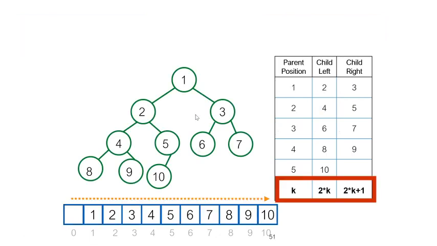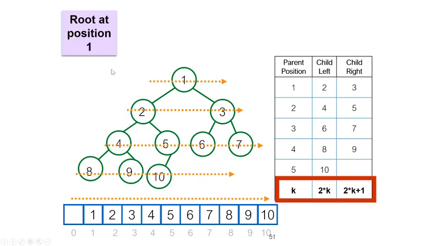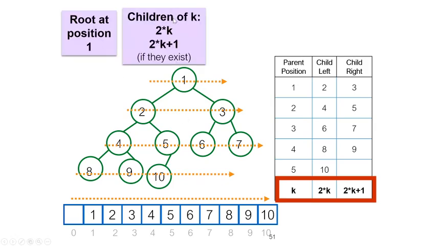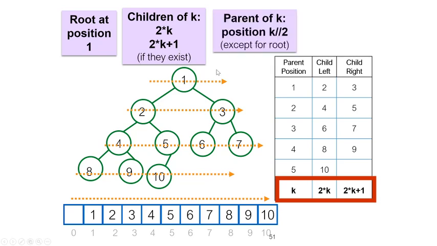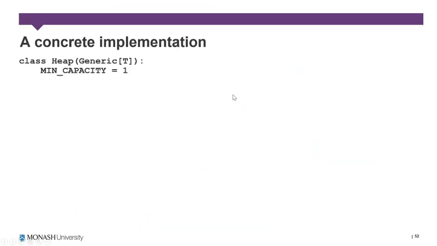In summary: root at position 1, children of k are 2k and 2k plus 1 if they exist, and the parent of k is k divided by 2 using integer division, except for the root, obviously, because it doesn't have a parent.